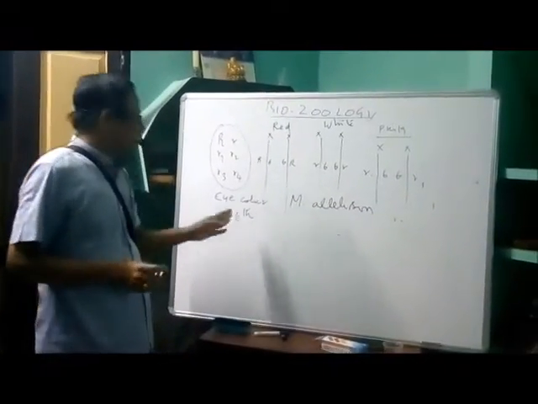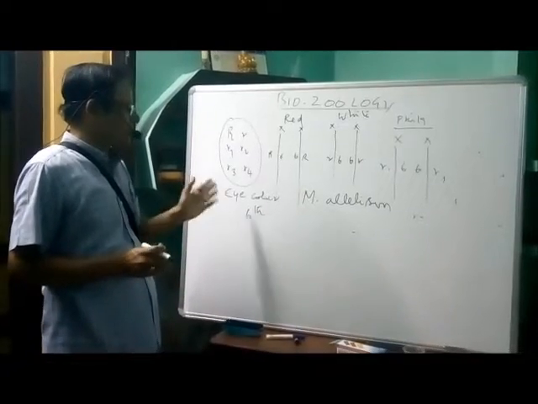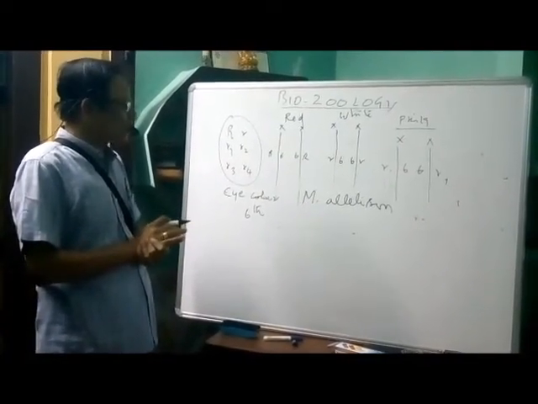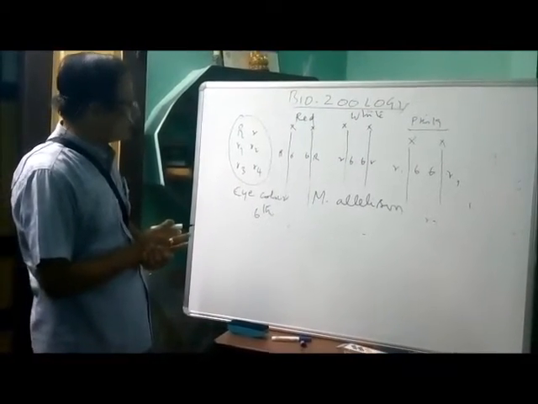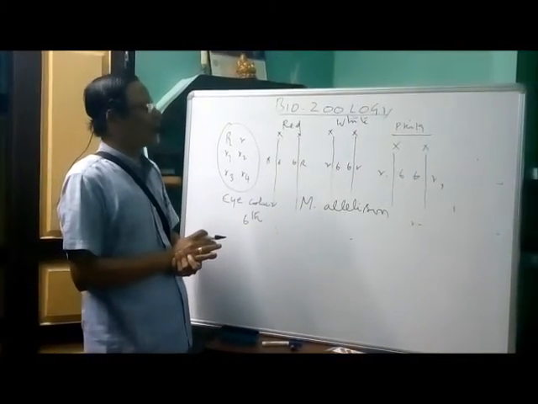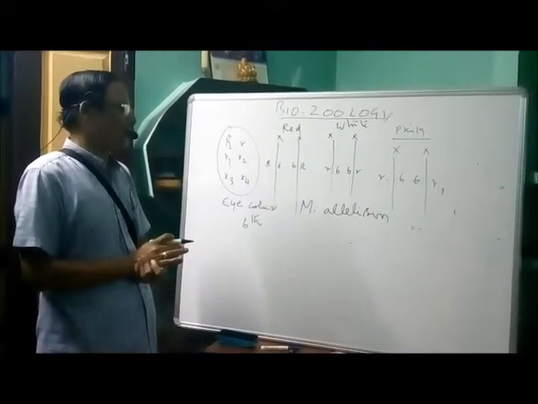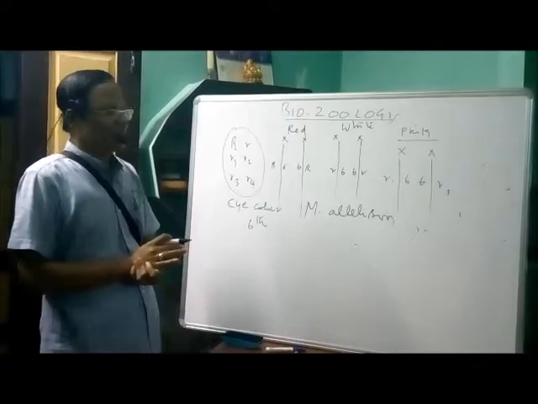So that's the definition. I think you understood that. When more than two alleles are present at the same locus, controlling the same character, the phenomenon is called multiple allelism, and the alleles are called multiple alleles.